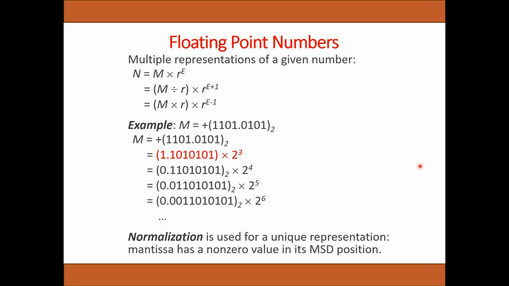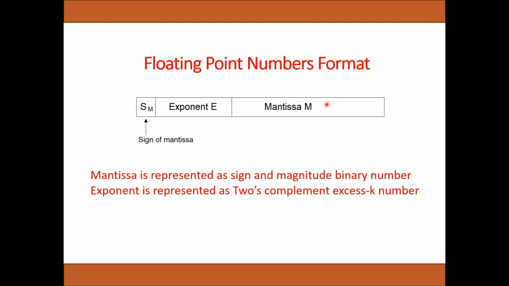Now we have to see how many digits or bits we can keep for this number, right? If the fraction part is very big, it will not be accommodated in the data word. So the IEEE 754 format has a specified number of bits allotted for exponent and mantissa.